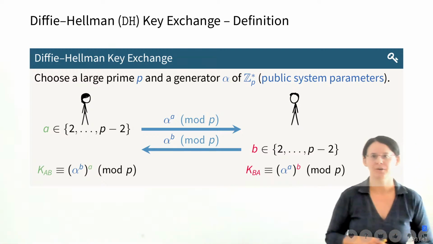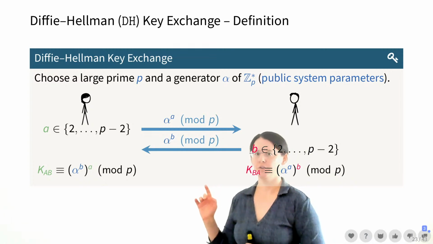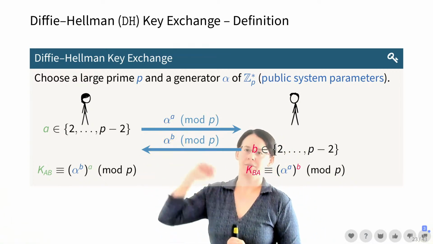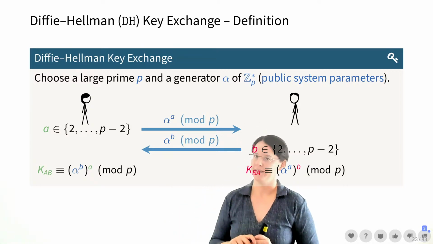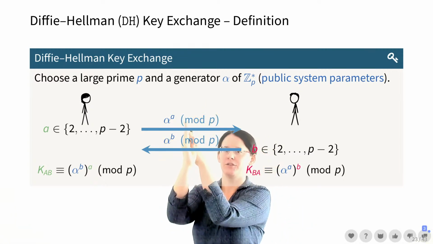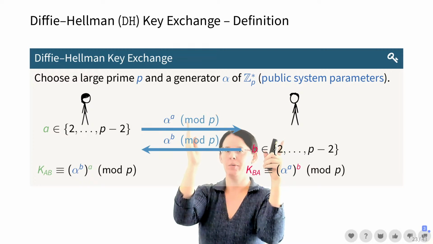So the question is about what Eve can do. In my explanation, I have assumed that Eve can only see these two messages and tries to recover the secret from that. But it's totally correct that a very powerful attacker could actually do more. So Eve could try to sit here in the middle, would get the message from Alice, and would forward a message based on her own private key to Bob.